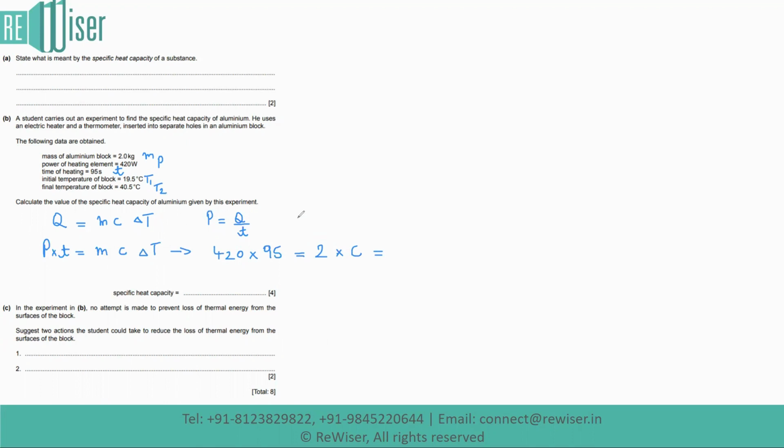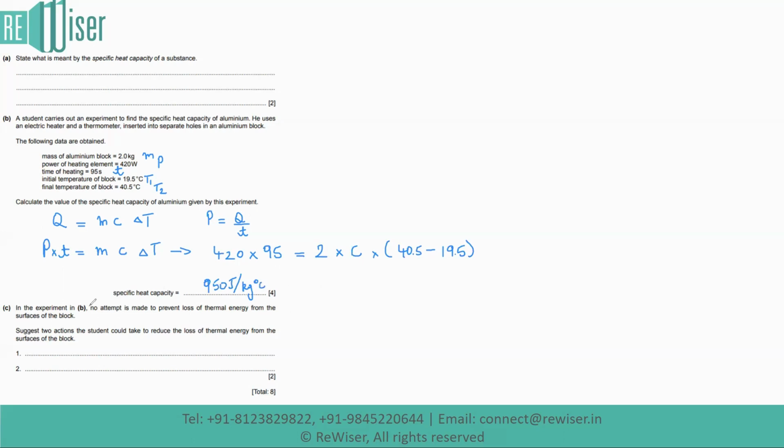The change in temperature can be final minus initial here because the final is bigger. So T2, which is 40.5 minus 19.5. Simplifying this and making C the subject of the equation, we get the value of C to be approximately 950 joule per kilogram per degree Celsius.